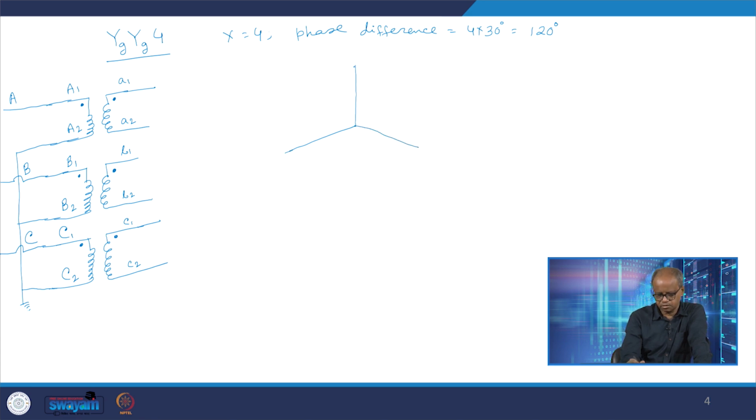So ABC, say this is phase A, and the terminal markings we are reflecting here, so it is A1 A2, and we say that this is phase B, so this is B1 B2, and we say that this is phase C, terminal markings are C1 C2.